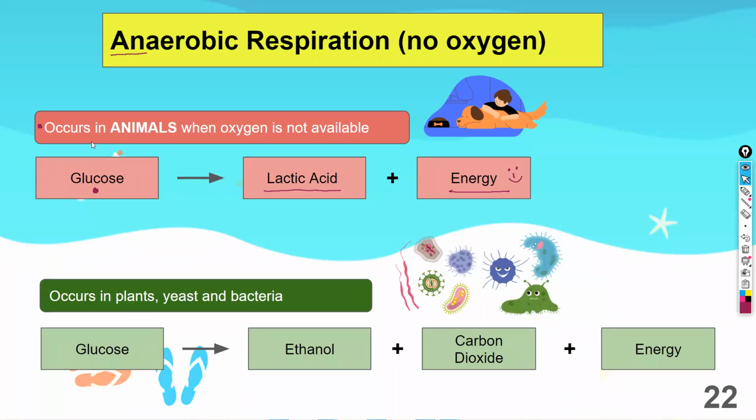So whenever your body performs anaerobic respiration as the backup plan, you get energy, but you get this bad thing associated with it called lactic acid. For the time being, let's just say that lactic acid is bad and your body will need to get rid of that lactic acid. Because if that lactic acid stays inside your body too long and it builds up to a dangerous level, you will die.